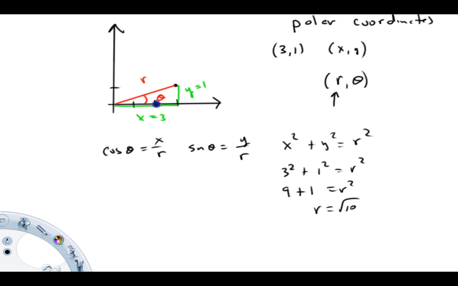Theta we can find using basically any trig function we want. I'm going to do this: the tangent of the angle theta is equal to y over x, and that's going to equal 1/3. So theta is going to be the inverse tangent of 1/3.